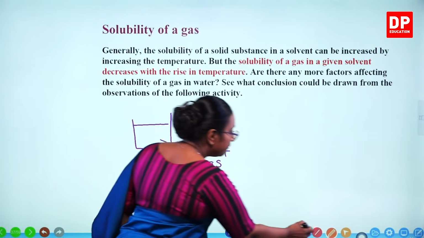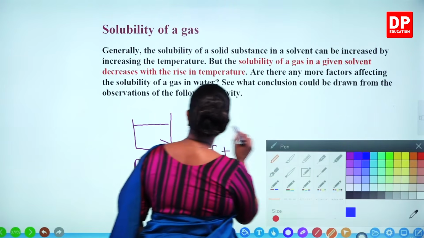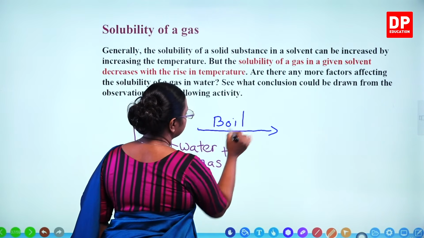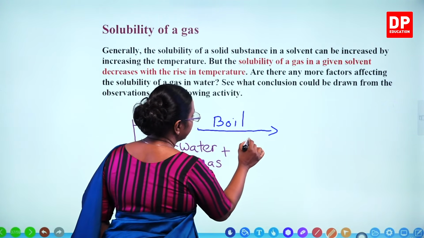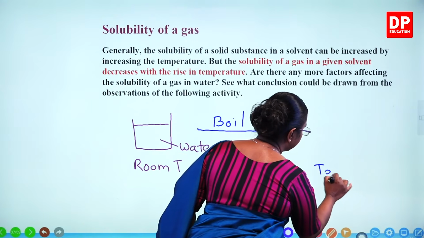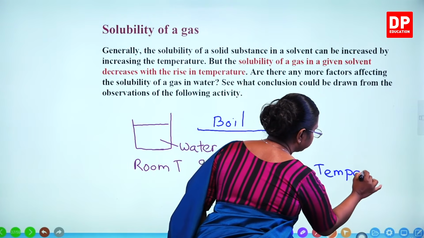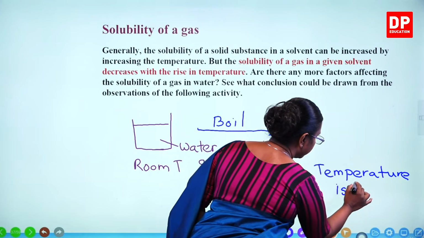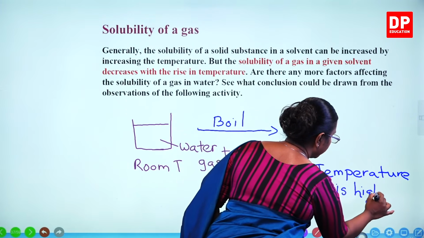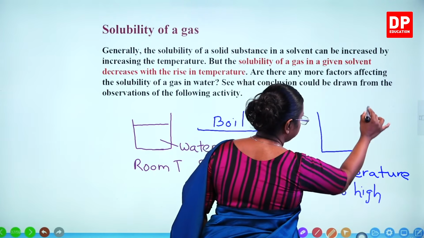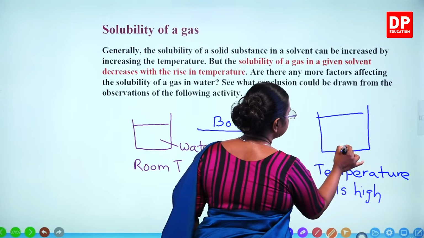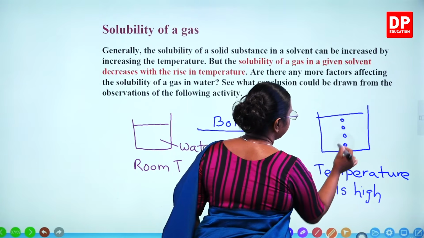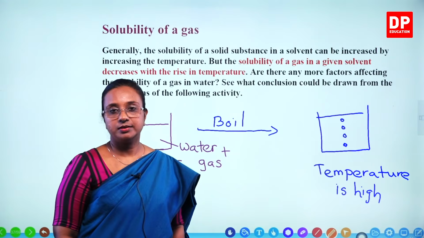But if you heat or boil this water, let's say we boil the water, that means the temperature is high. Then what do you see? You can see the gas bubbles escaping from water.